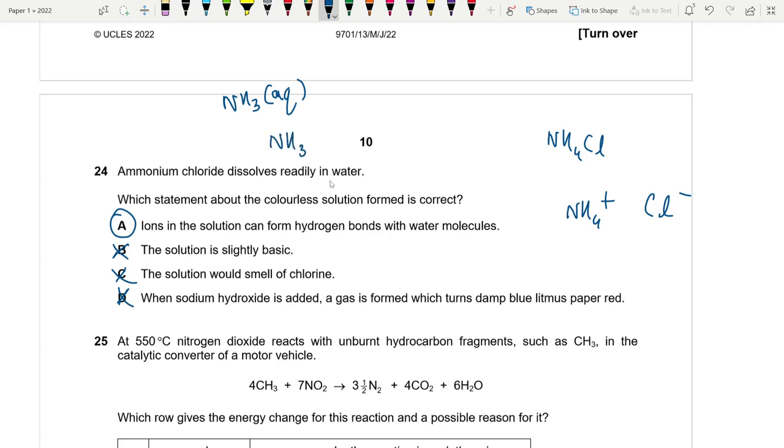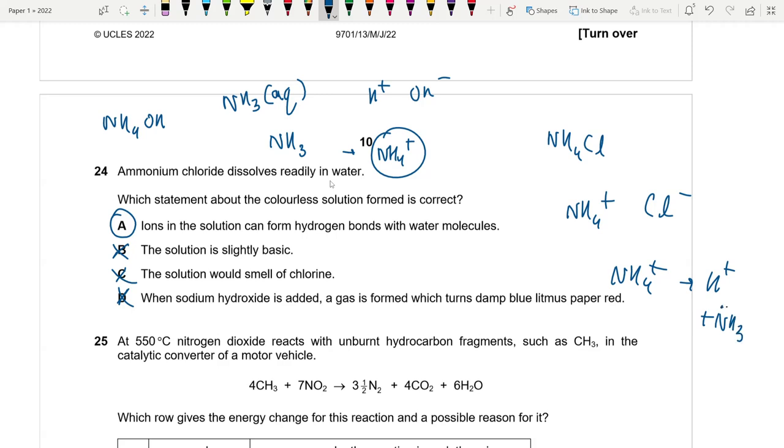NH3 accepts protons from water and turns into ammonium, and we get ammonium hydroxide. That's why the solution turns basic. So when you add ammonium chloride to water, the ammonium ions release protons and we also end up with ammonia, which can form hydrogen bonds with water. That is why A is the correct answer.